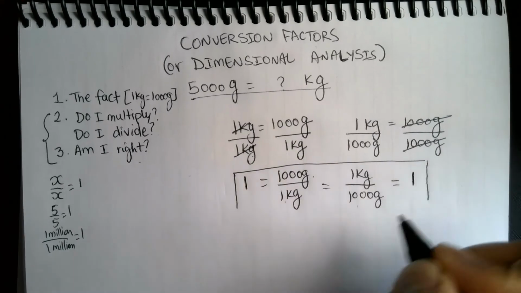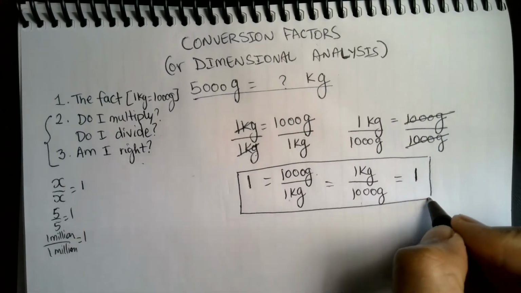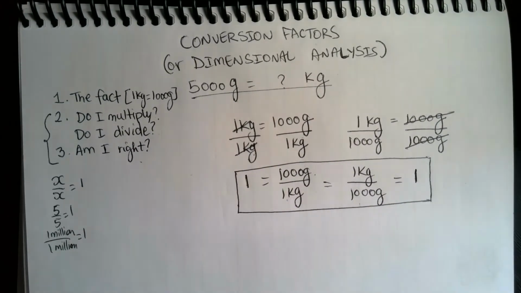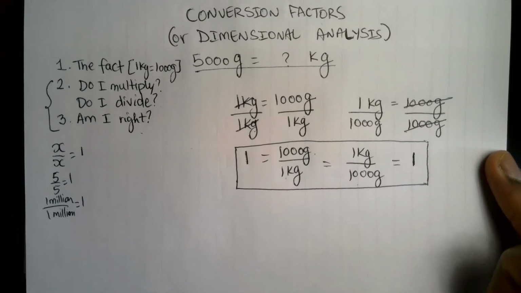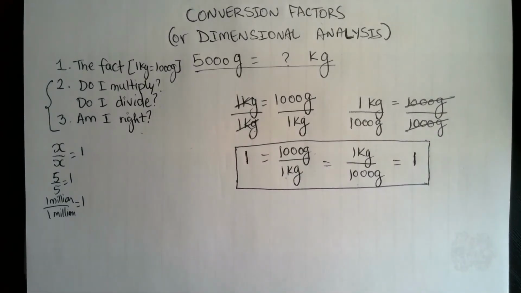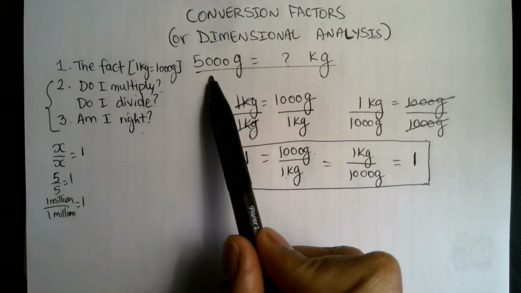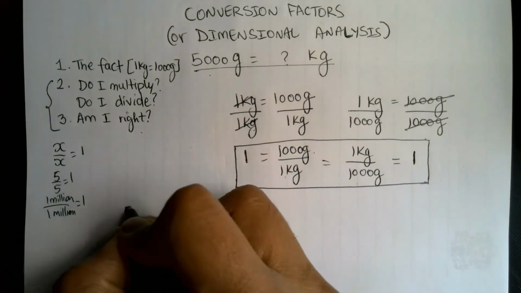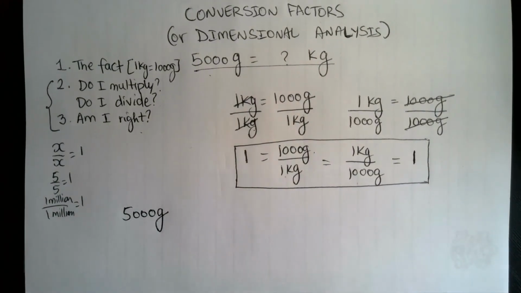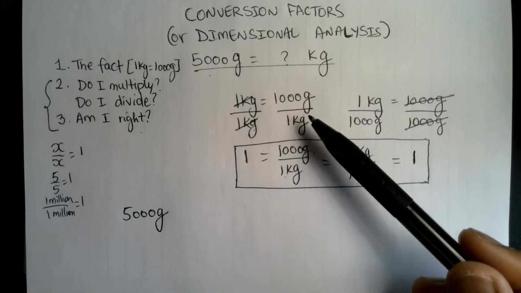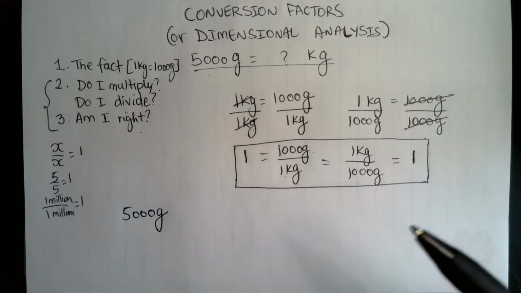Why we are looking for that 1 is this. Any question you begin from now on that is a word problem in chemistry in this unit, you'll begin by writing what's given. So in this scenario, we are given 5,000 grams. The same rules that we use, that you cannot change the value of something in math, we're going to follow.